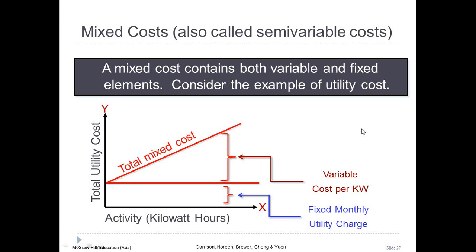That's a horizontal line. That total fixed charge doesn't change. Now then we put on top of that the variable cost per activity unit. So we see that the total mixed cost, which would be a combination of variable and fixed, tends to be portrayed here.